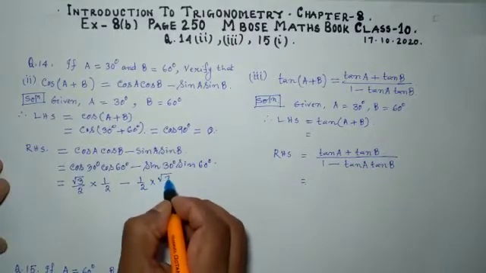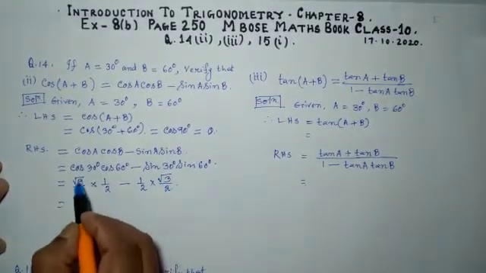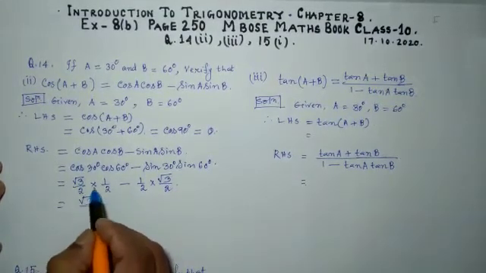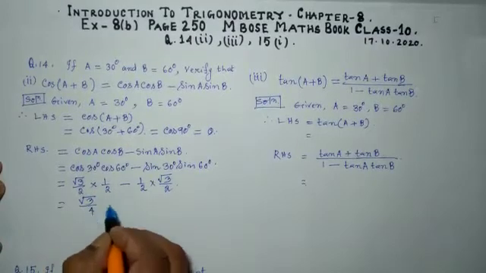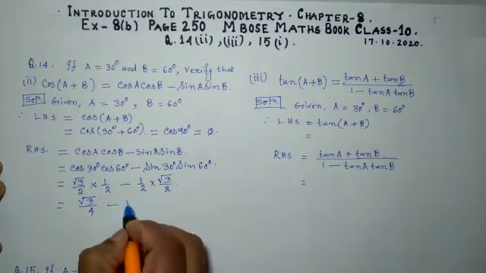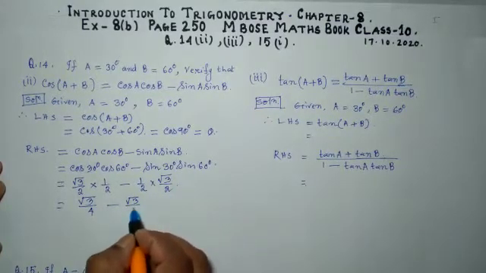And then we multiply the numerators. Root 3 into 1, it is what? Root 3, and the denominators 2 into 2, it is what? 4. Minus, this minus will come, then 1 into root 3 is root 3, and this 2 into 2, it is what? 4.